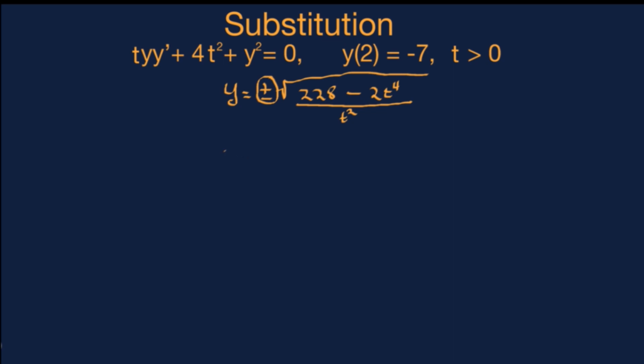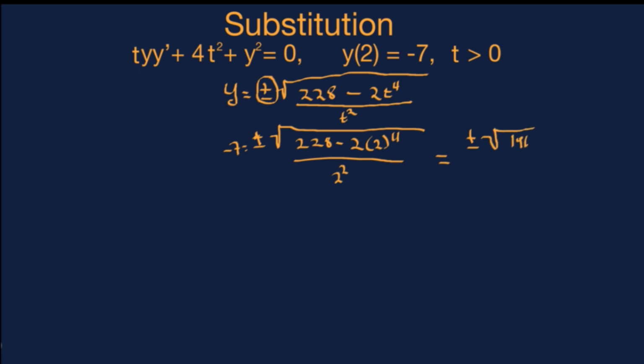And so when we do that, we get -7 is equal to plus or minus the square root of (228 minus 2 times 2 to the fourth) over 2 squared, which is the same thing as plus or minus the square root of 196 over 4, which is the same thing as plus or minus the square root of 49, which is plus or minus 7. So the correct sign for our particular solution is minus.